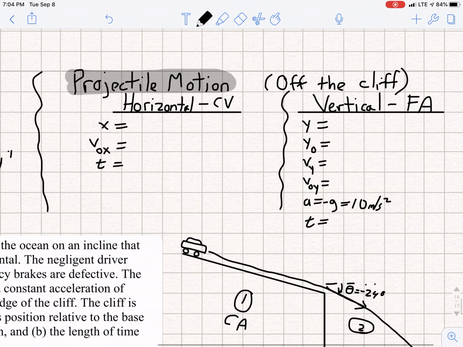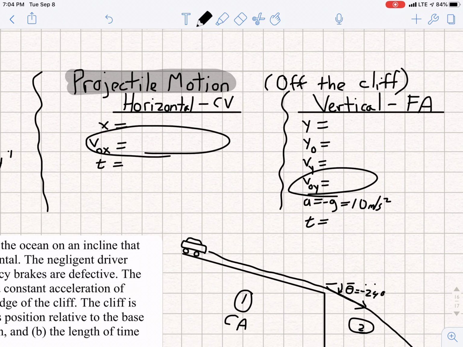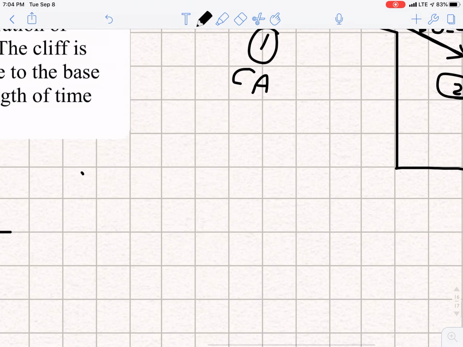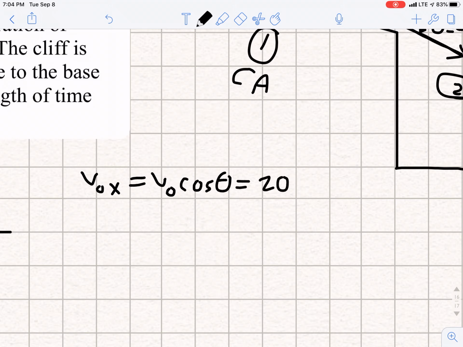Remember, every projectile needs to start off with a calculation for v naught x and v naught y. So let's go ahead and complete those calculations. V naught x is v naught times the cosine of the angle, which would be 20 meters per second off the edge of the cliff, times the cosine of negative 24 degrees.